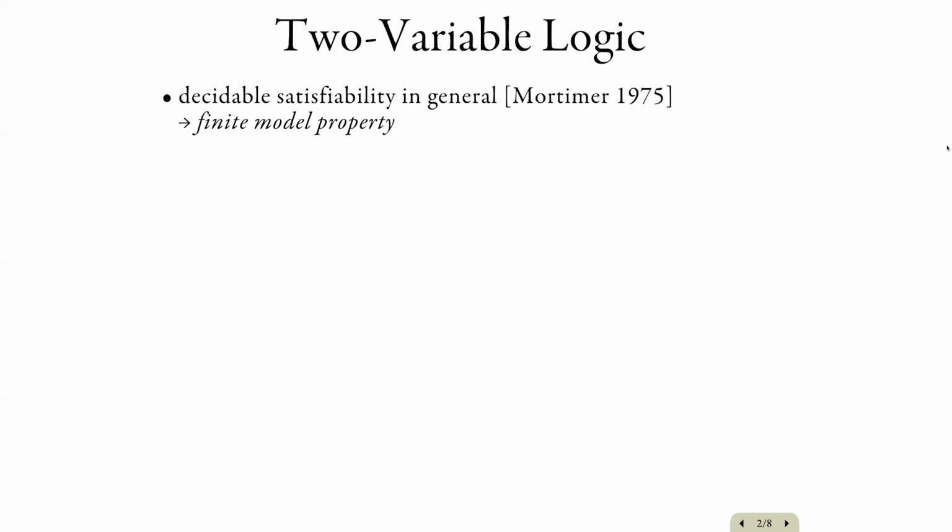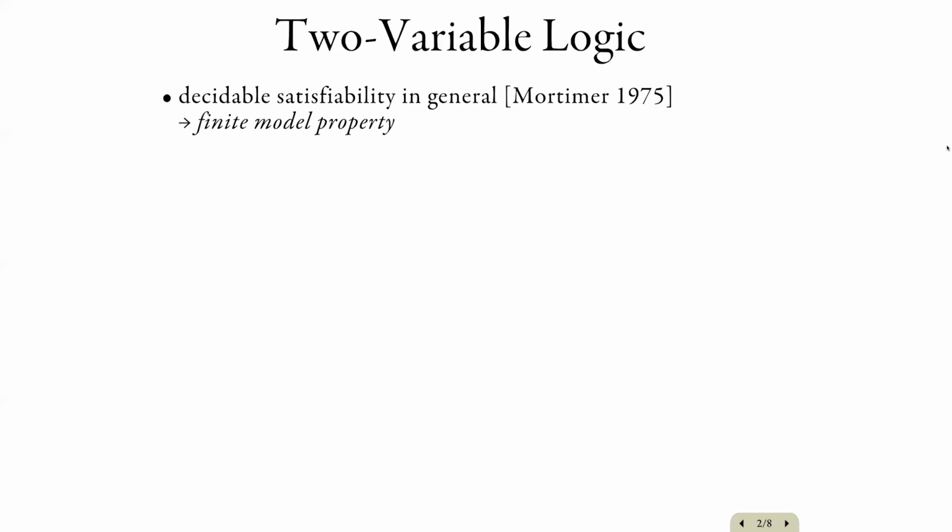And this was solved by Mortimer in 1975, who showed that two-variable logic has the finite model property, which means that if a given sentence has a model, then it also has a finite model. And this gives two semi-procedures for deciding the satisfiability of a given sentence.